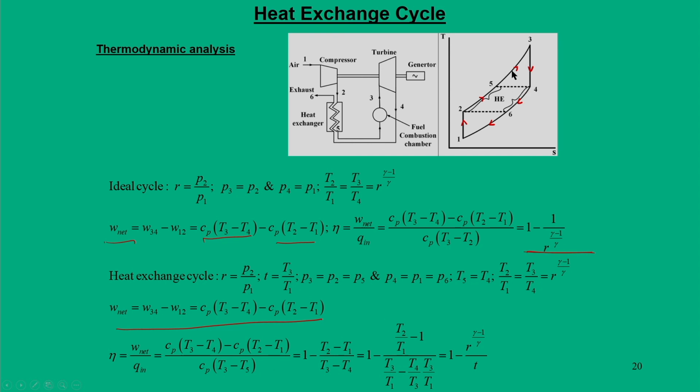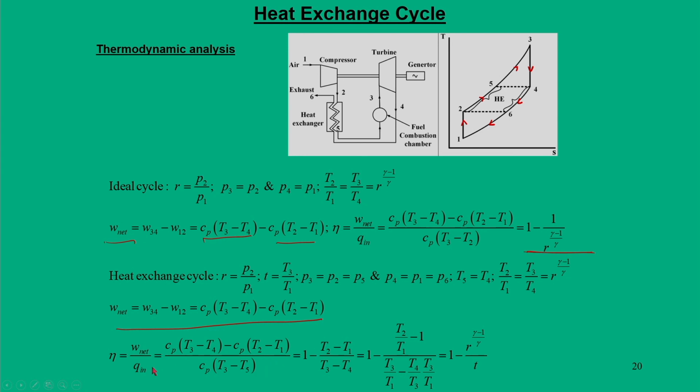So, when it goes from 2 to 3, the first part, that is from 2 to 5, we are getting from the exhaust gas of the turbine. So, that particular component gets reduced by the heat transfer process.